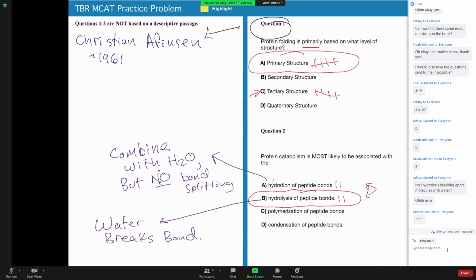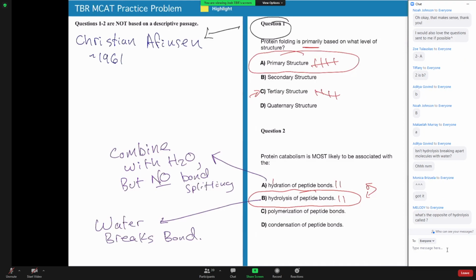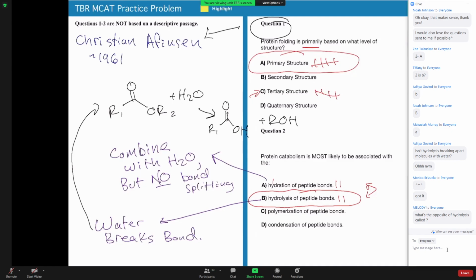Cool. Right, so like the general reaction, you can imagine is like R1-O-R2, right, plus H2O, to R1-OH plus R2-OH.